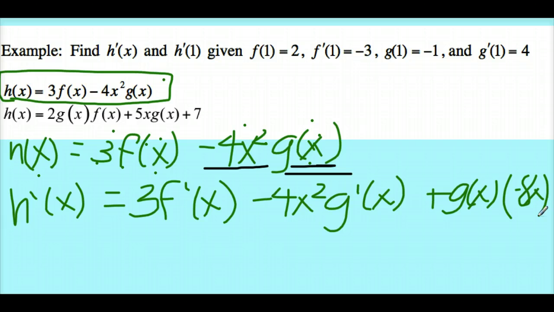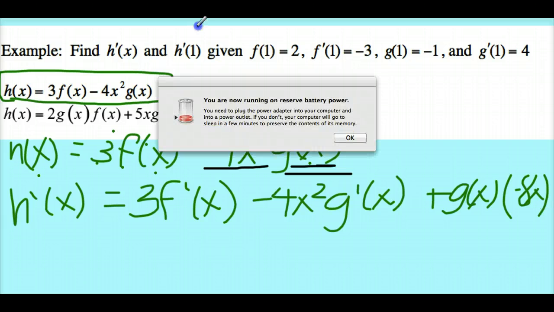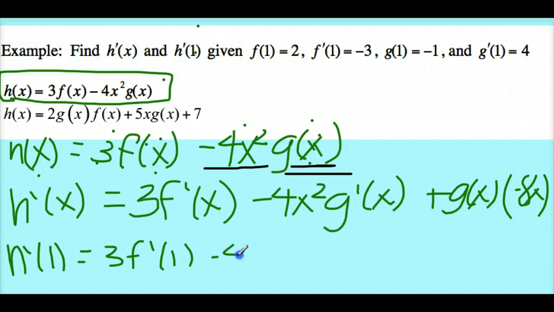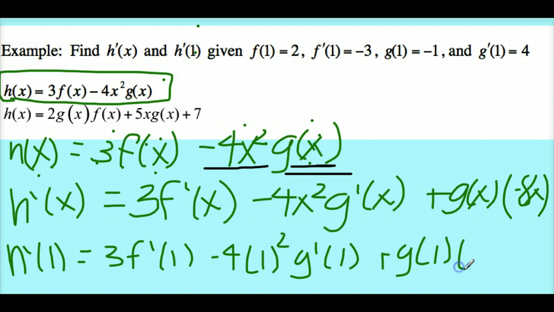So now I'm going to follow this piece of our problem, and I'm going to plug in a 1. So I get h prime of 1 is equal to 3 f prime of 1 minus 4 times 1 squared g prime of 1 plus g of 1 times negative 8 times 1.